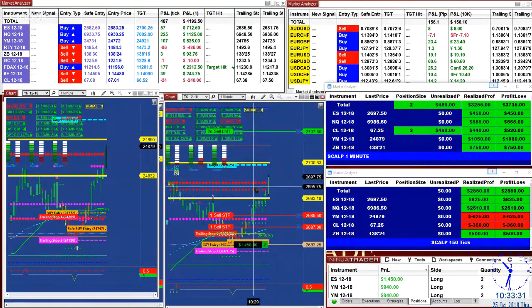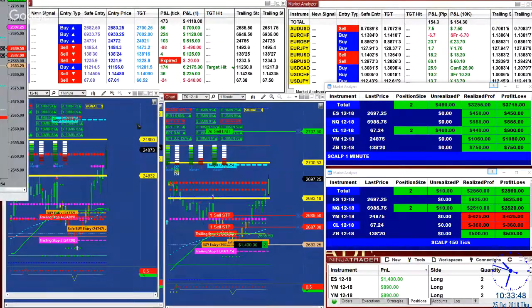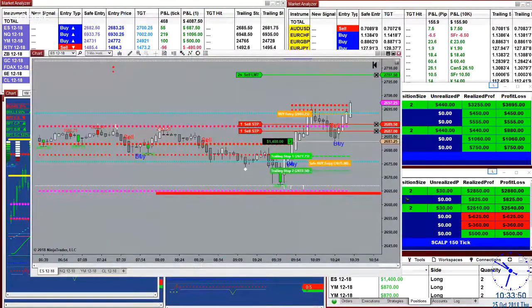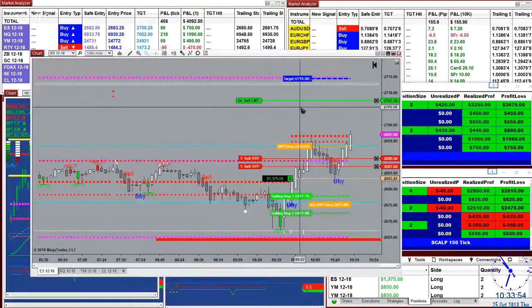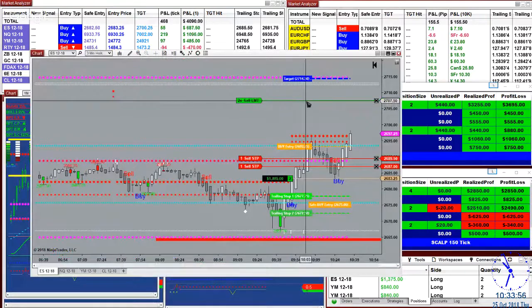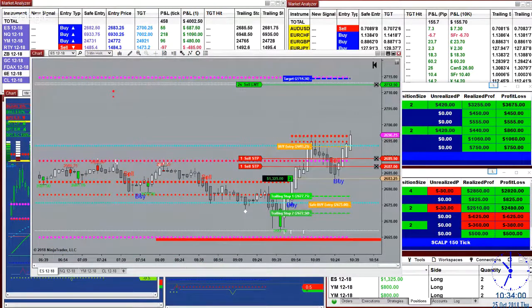You can see now we broke this ES, and we are about to hit the target, 725. And let me see. If you look at your 3 minutes chart, on the 3 minutes chart, you have bingo right there.